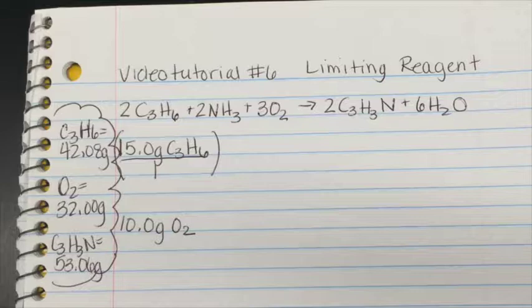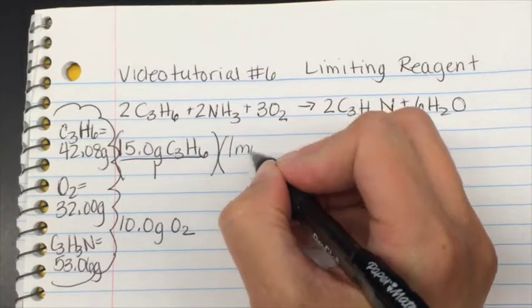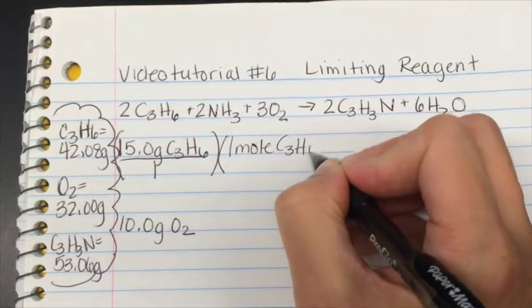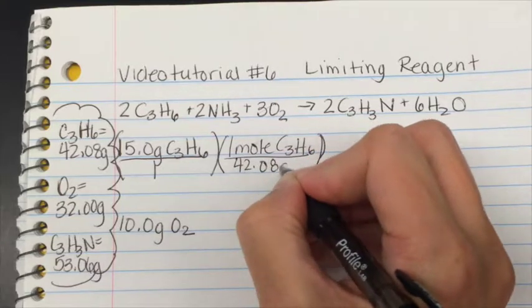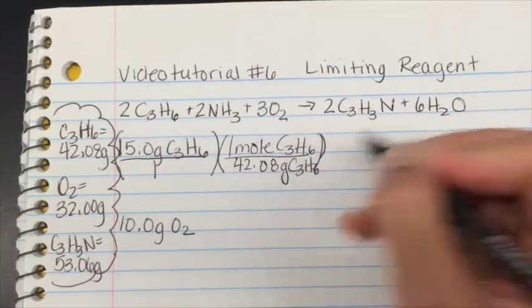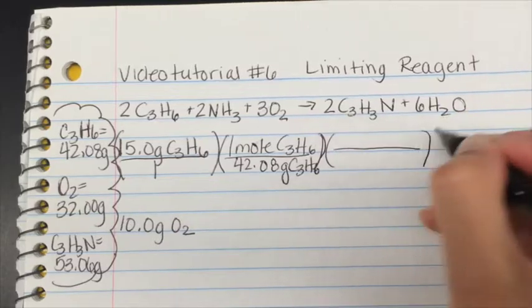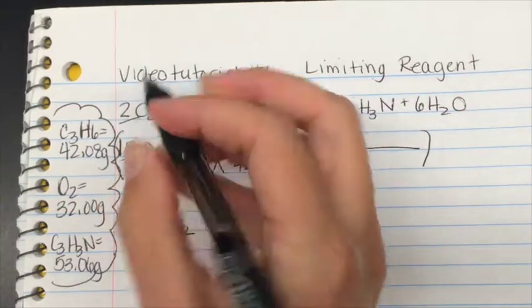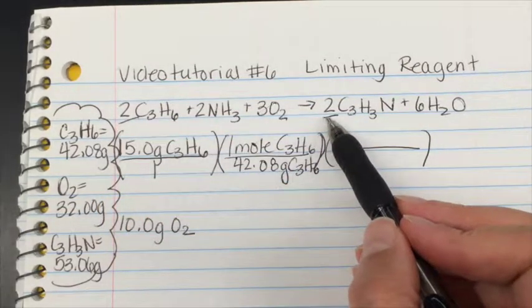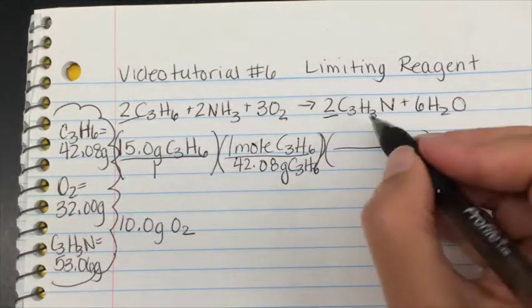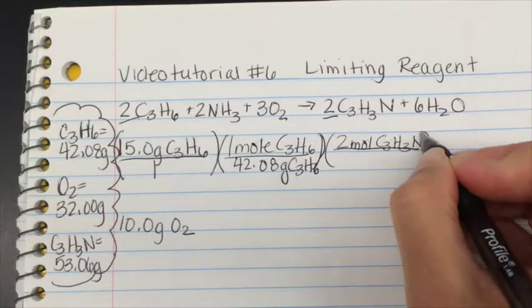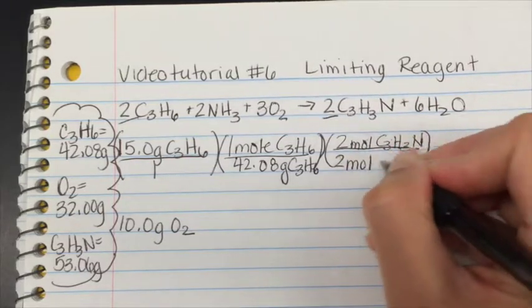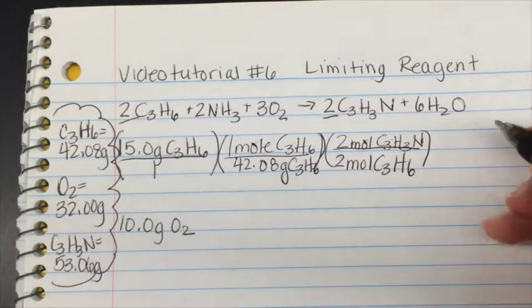So I start with the 15 grams of C3H6. I convert it to moles. And we said that was 42.08 grams of C3H6 is 1 mole. And in my balanced equation, the coefficient of C3H6 is a 2. The coefficient of C3H3N is a 2. So we make 2 moles of C3H3N for every 2 moles of C3H6 put in.